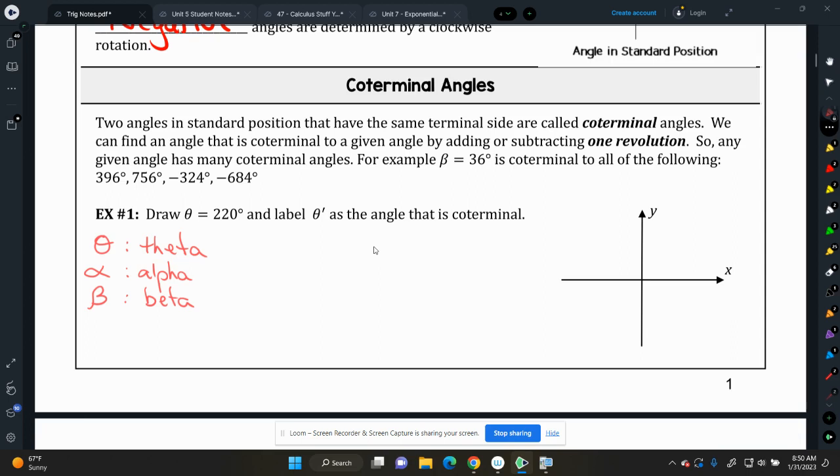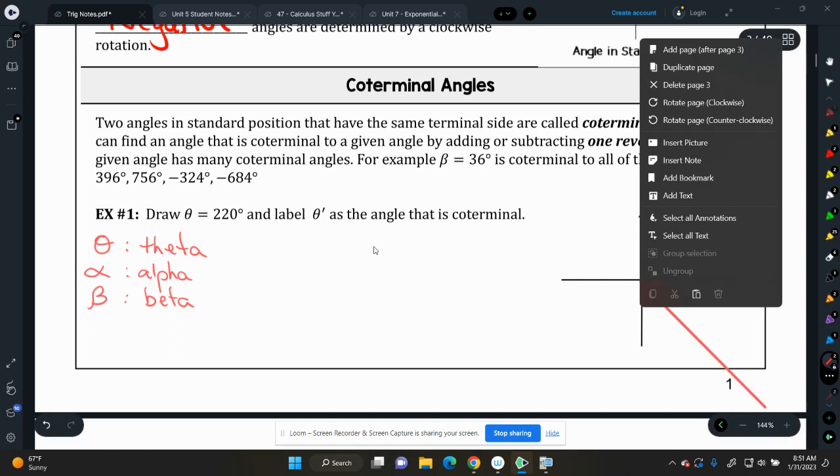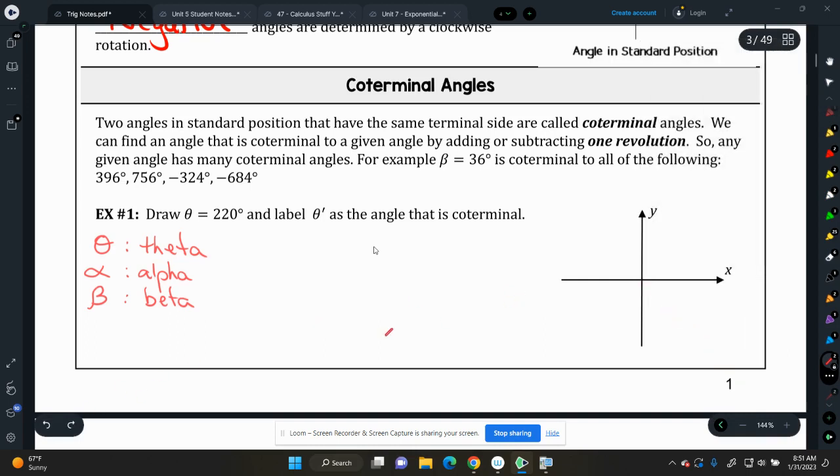So draw theta equals 220 degrees. That means we assume we're going to start at the initial position of the positive x-axis. This is typically where we start, right here on the positive x-axis.